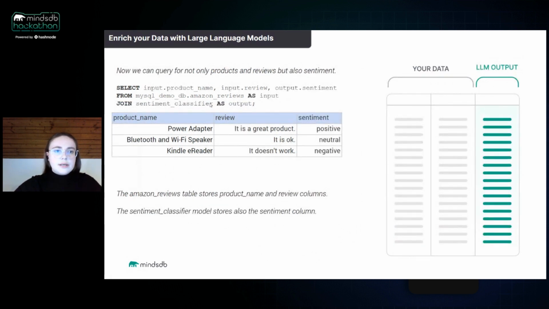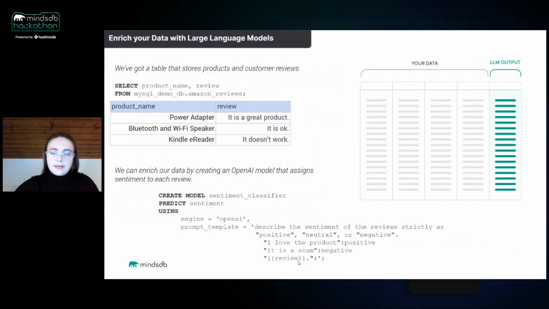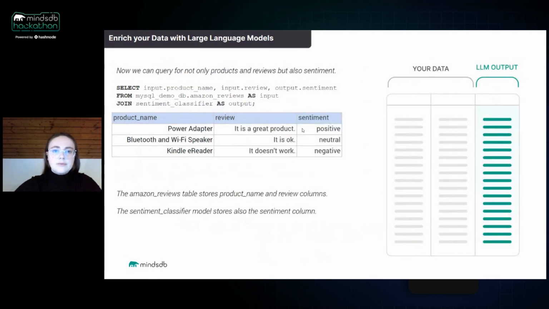Then upon joining the input data table with the model, the review column from our input data table is going to be fed to the model, which then processes it according to the earlier defined prompt template and completes this prompt template with a value of positive, neutral, or negative. This process happens for each row in our input data table.